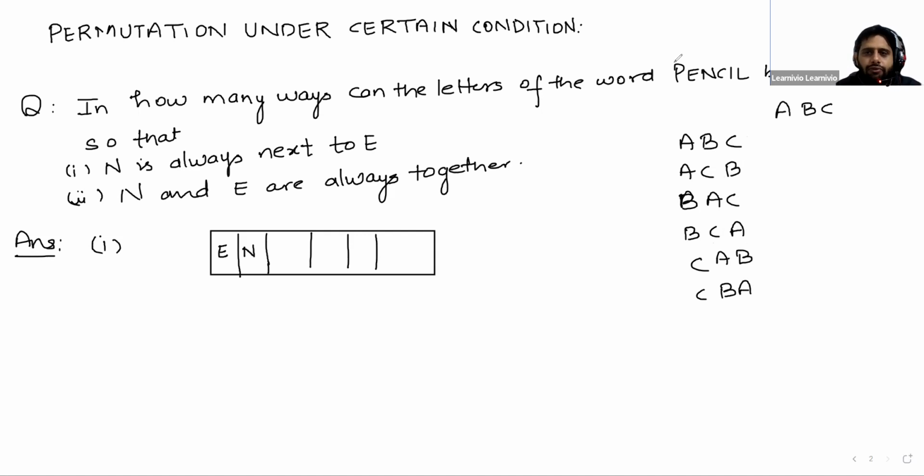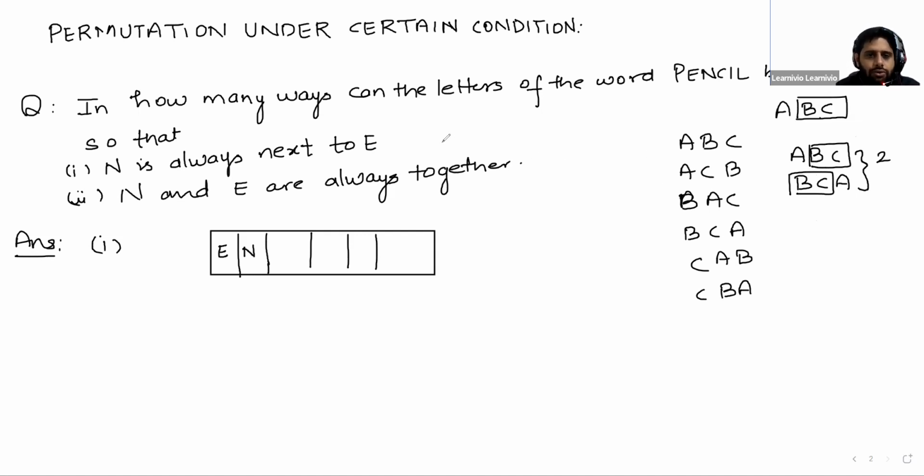But if the condition is that C will always be next to B, then what can happen? We can form ABC, or we can form BCA, because C should always be next to B. Earlier we had 6 cases, now we have only 2 cases.